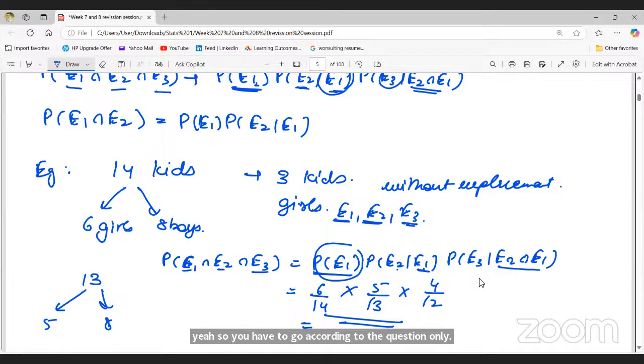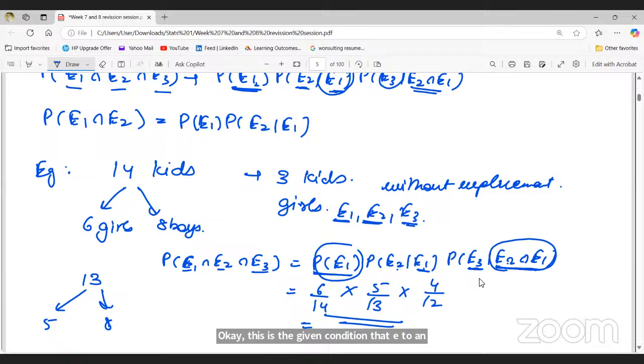Ma'am, thank you. I have a doubt in the third part of the formula, the probability of E3 given E2 intersection E1. I understand the first two parts. In the third part, these two events have already happened. This is the given condition that E2 and E1 have already happened.